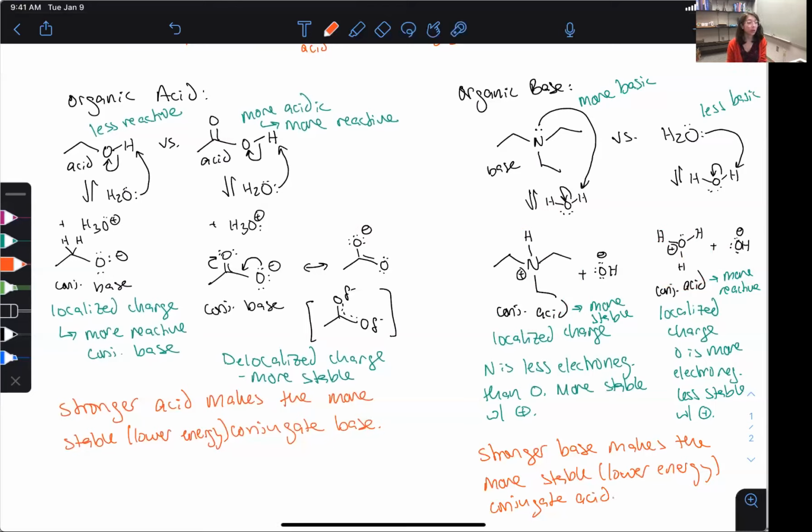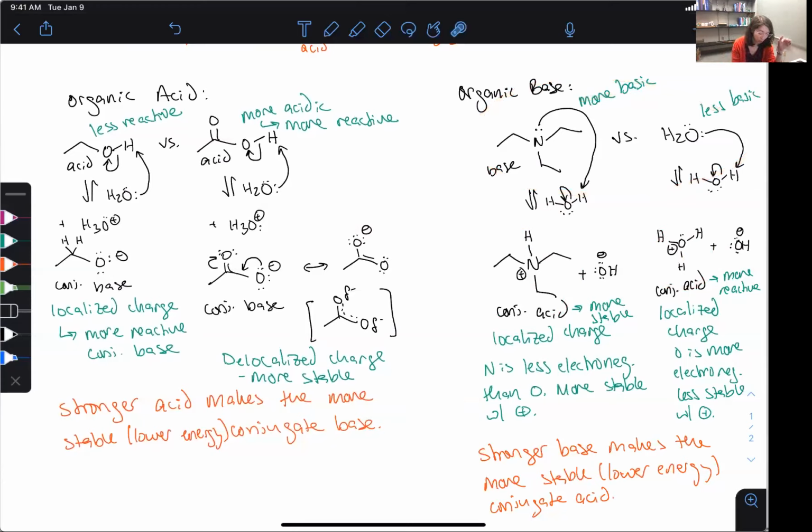Okay, so in both of these cases, it's much, much easier to look at the conjugate base or the conjugate acid than looking at the original structure. Okay, and one of the things that you can think about with that is think about how difficult we found it to draw resonance structures for neutral molecules, but how it was much easier to look at them when they were charged. Okay, same thing here.